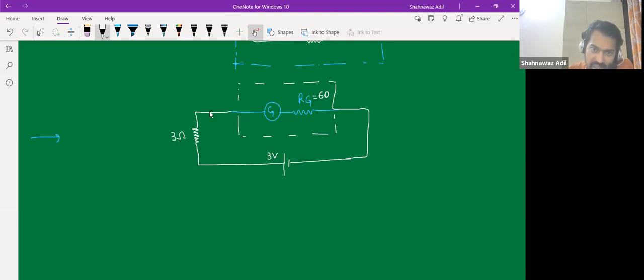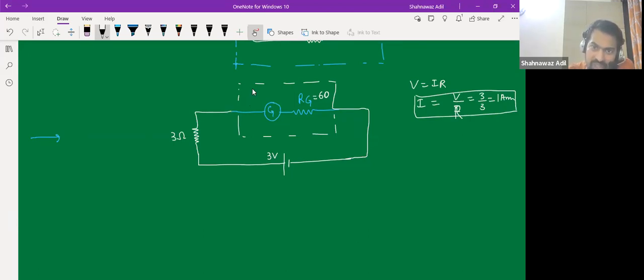So what should be the current that I should measure? 3 by 3, I should get 1 ampere, right? This is the ideal condition.